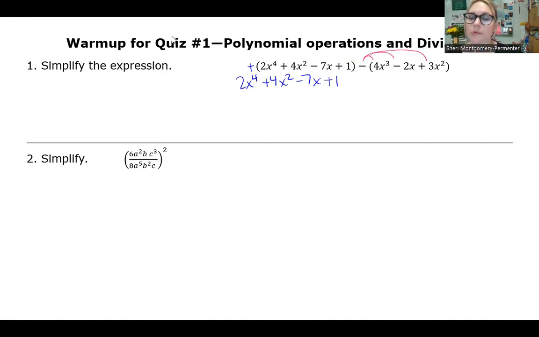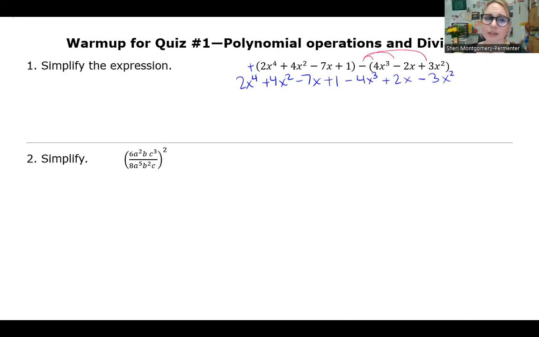If it's positive, it becomes negative. If it's negative, it becomes positive. It's opposite. So right now it's positive, negative, positive. It's going to be opposite of that. Negative, positive, negative is what it's going to turn into. So negative 4x to the third, positive 2x, negative 3x squared.